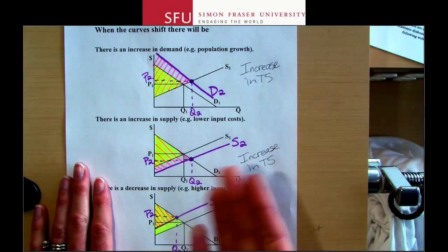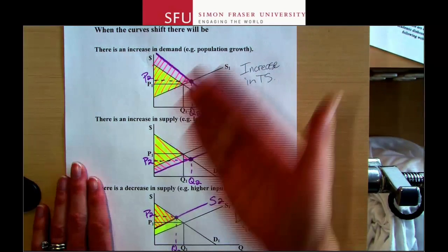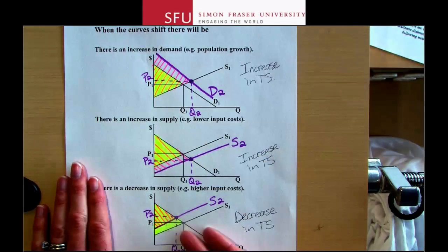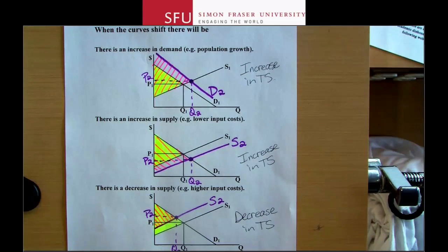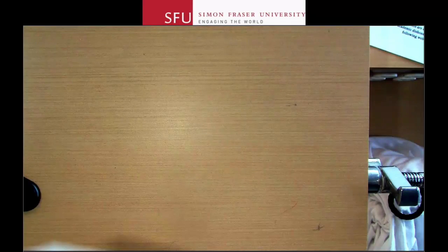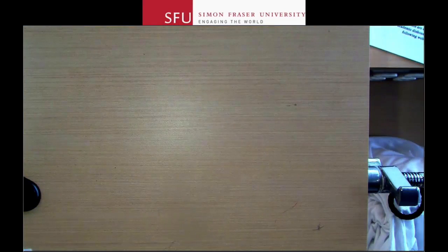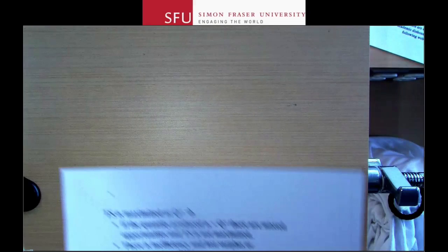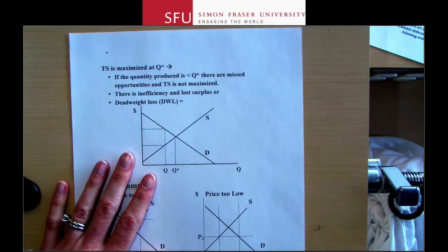But when the circumstances change, and you get more benefit, or you've got lower costs, or you've got higher costs, it will change the amount of net benefit or surplus that everybody's getting. But the market is efficient. The market will produce the maximum possible surplus as long as it's at the equilibrium.